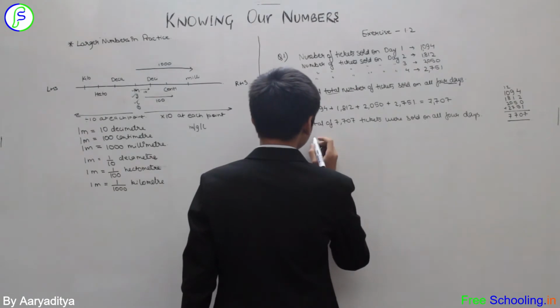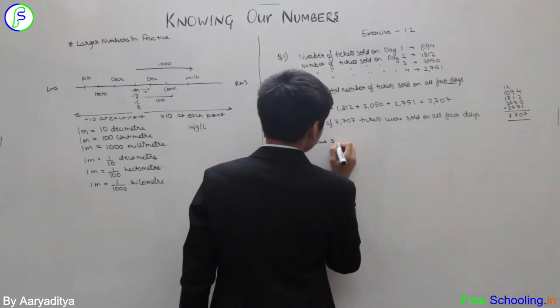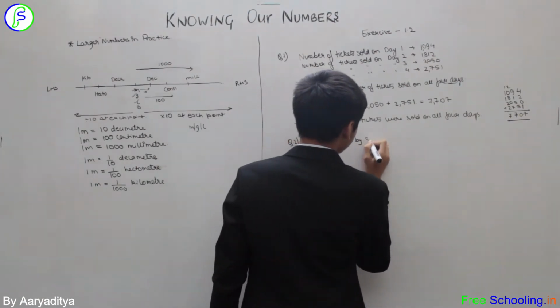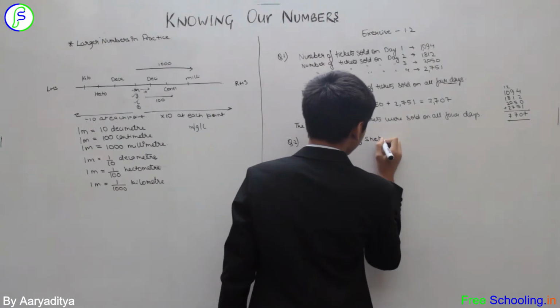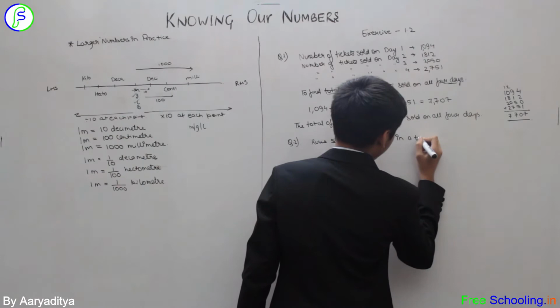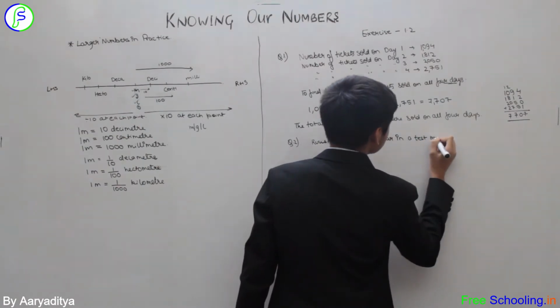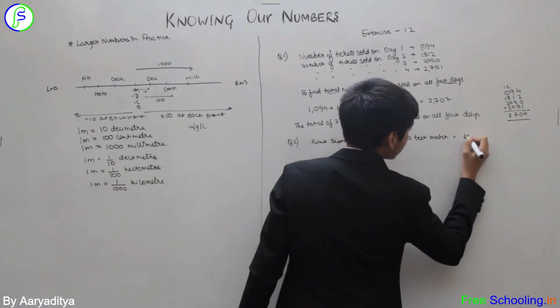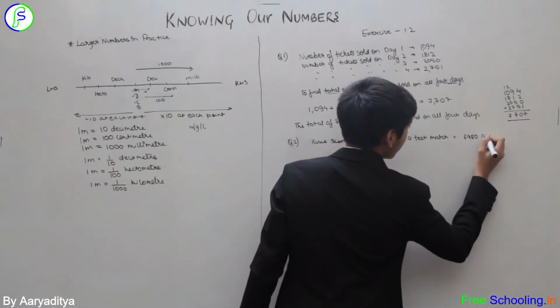We can write runs scored by Shaker in a test match. How much did he scored? He scored 6980 runs.